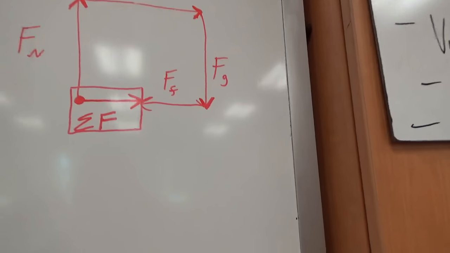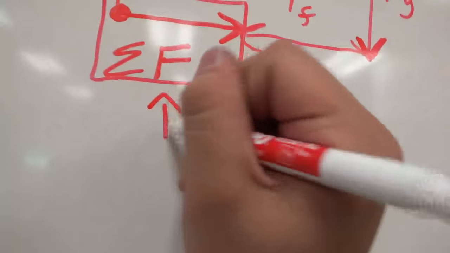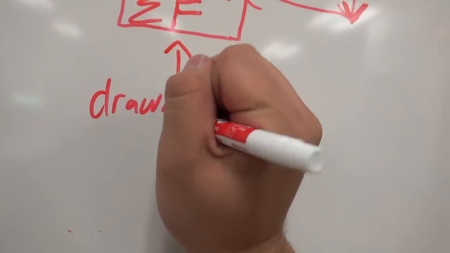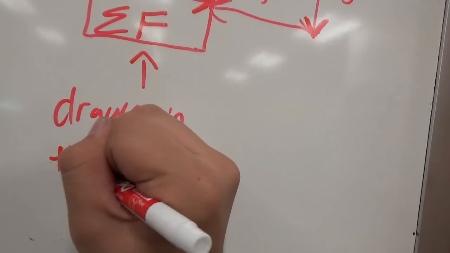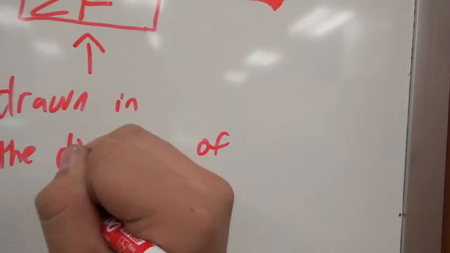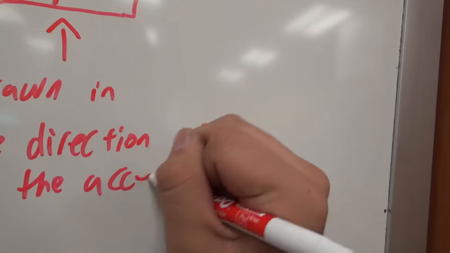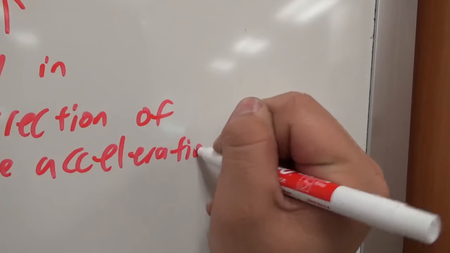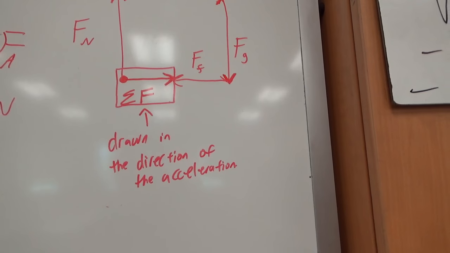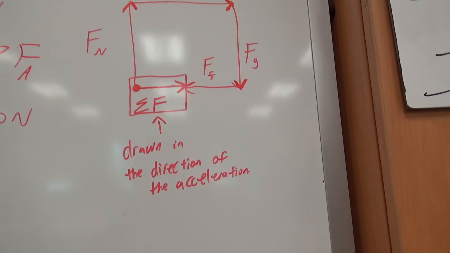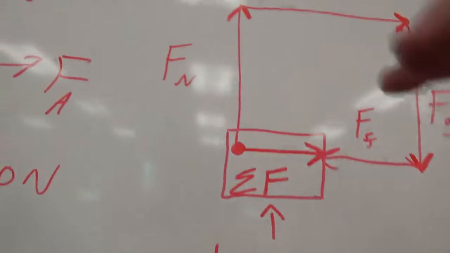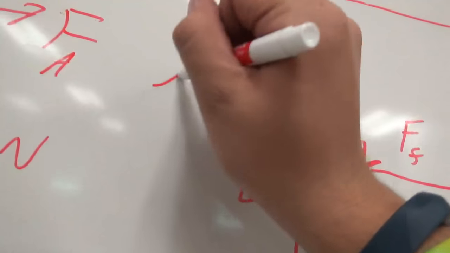And this vector is usually drawn in the direction of the acceleration. We usually use that vector to show the direction of the acceleration of our object, so we know where our object is going. So let me finish my labeling.